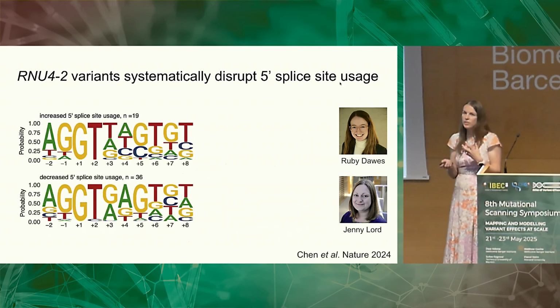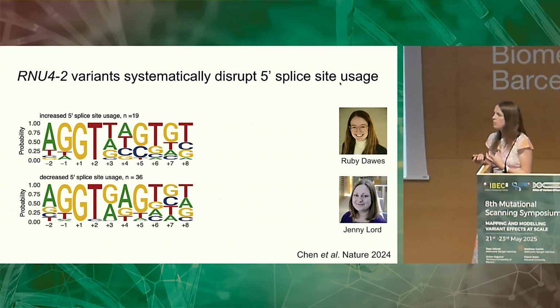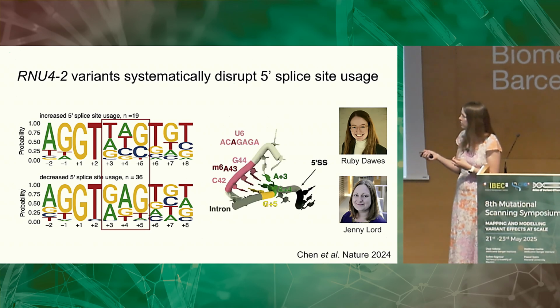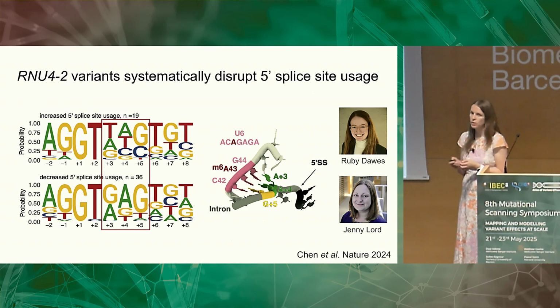We then decided to look at the sequence motifs surrounding the 5' splice sites that were either increased or decreased in usage in these individuals with RNU4-2 variants. The ones that are decreased in usage at the bottom here, this is basically just the canonical splice site motif. But hopefully what you can see here is that there are differences at these +3, +4, and +5 positions, where these sites that are increased in usage have an increase in T at +3 and an increase in C at +4 and +5.